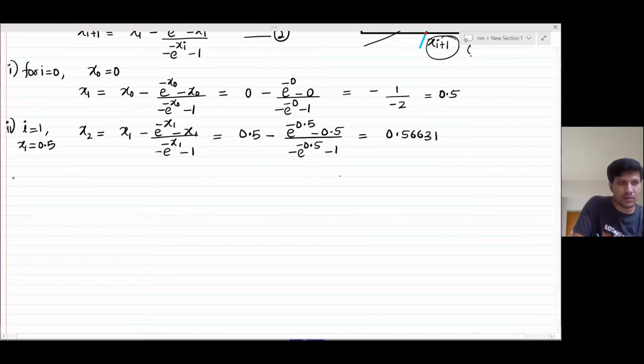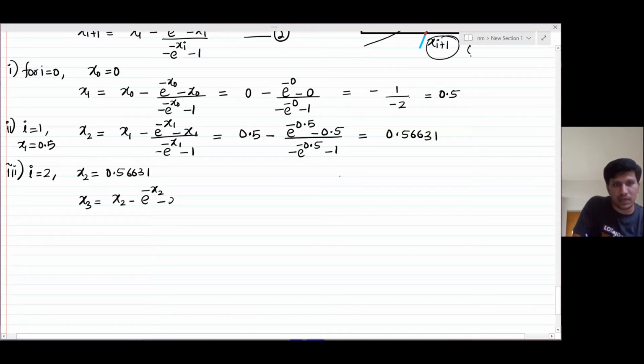Similarly, for the third step, that is for i is equal to 2, we have x2 is equal to 0.56631. We can write x3 is equal to x2 minus (e raised to minus x2 minus x2) divided by (minus e raised to minus x2 minus 1).